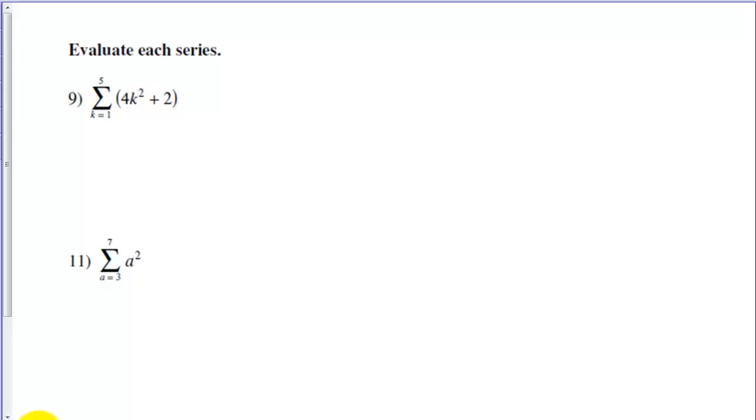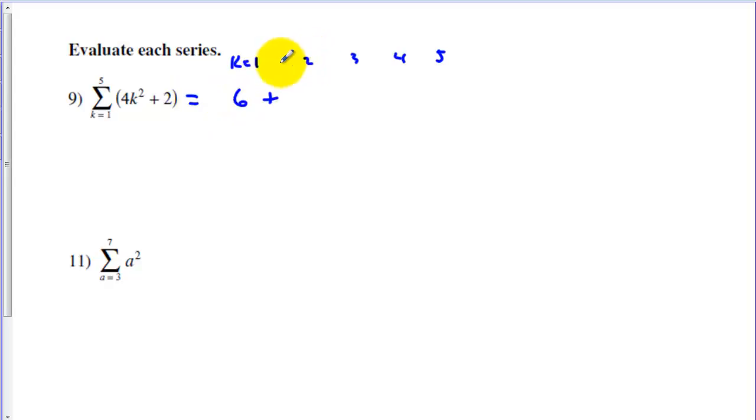So let's work a couple problems similar to what you'll have on your exit ticket and worksheet. Again, first step would be to expand this. We're going to plug in k equals 1, 2, 3, 4, and 5. So when we put in 1, I've got 4 times 1 squared is 4, plus 2, we get 6, and then we're going to add all those together.